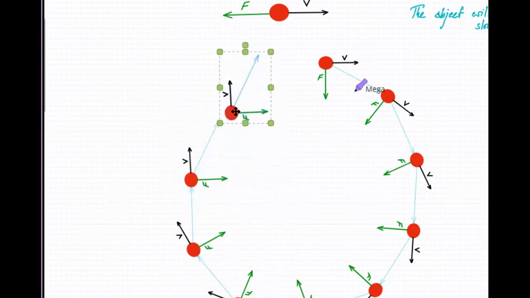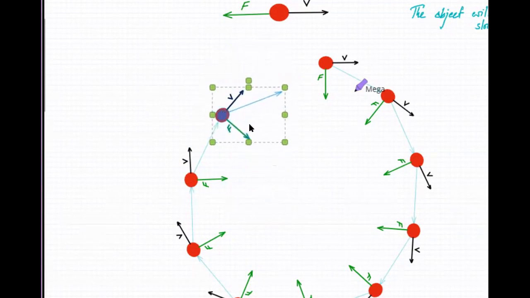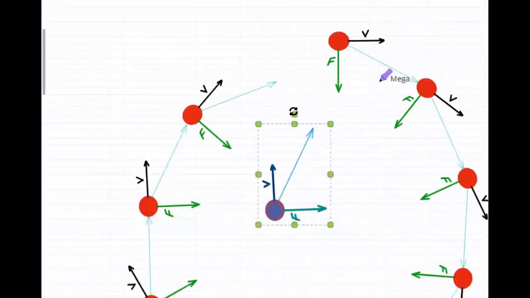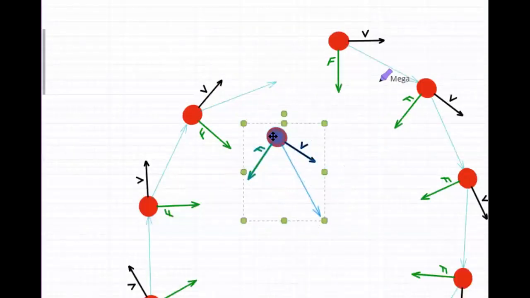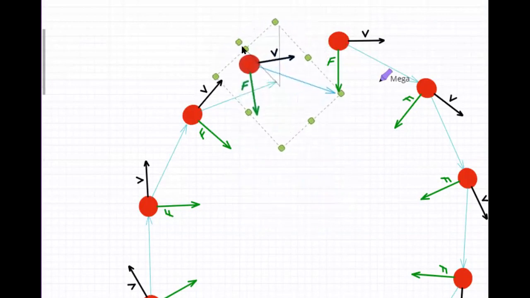See, and I hope by this it should be a complete circular path. See, object is moving in a circle. What is necessary for an object to have when it is moving in a circular path?